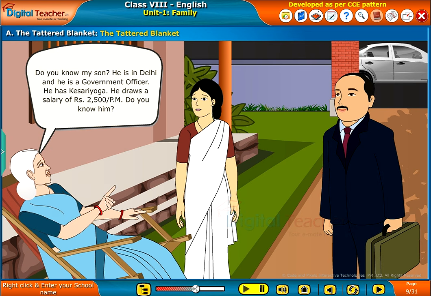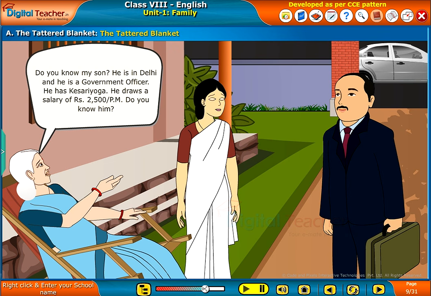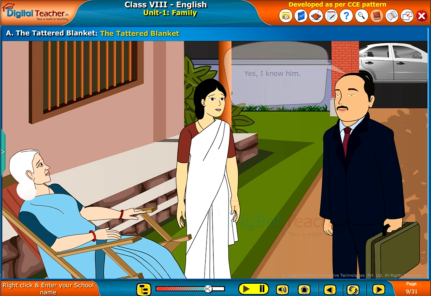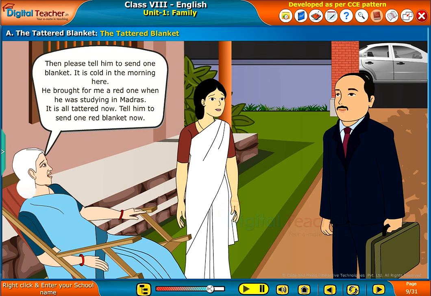Do you know my son? He is in Delhi and he's a government officer. He has Kesari Yoga. He draws a salary of rupees 2500 per month. Do you know him? Yes, I know him. Then please tell him to send one blanket.